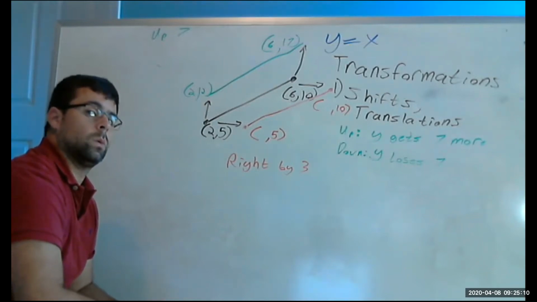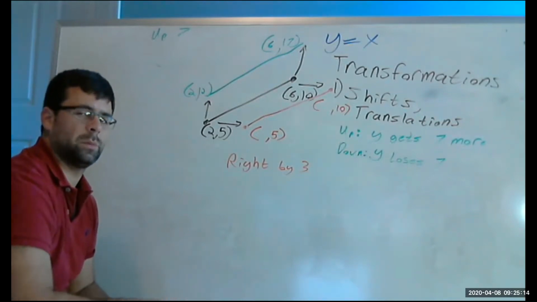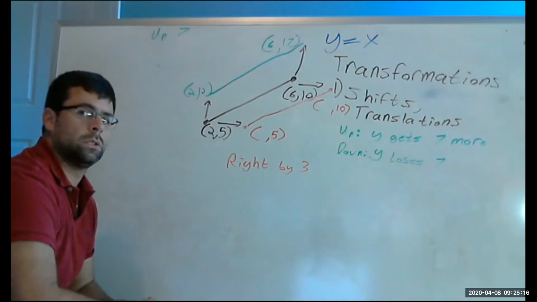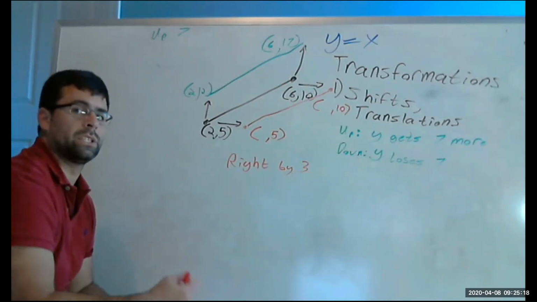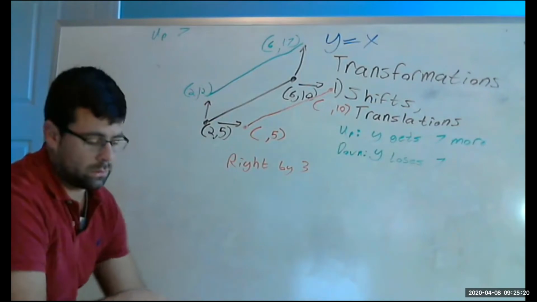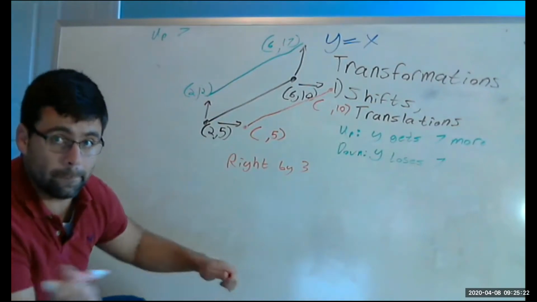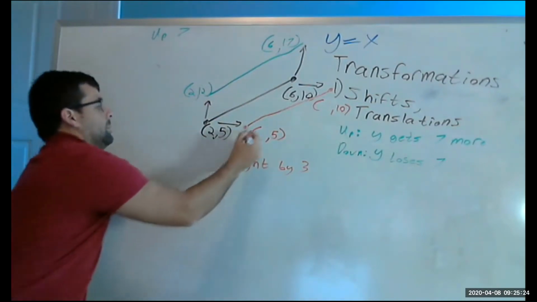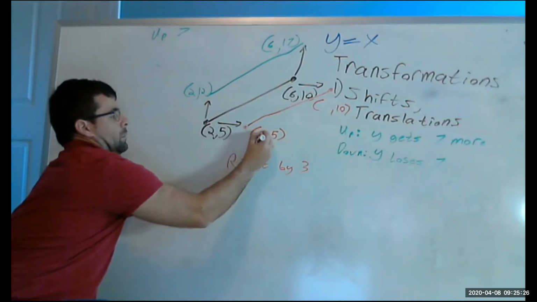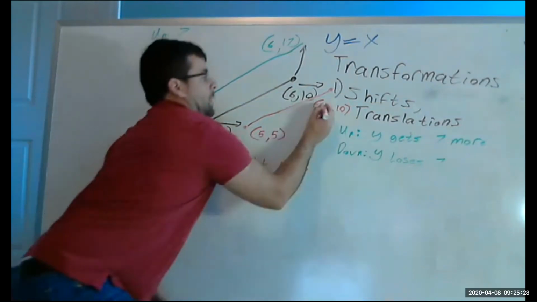So what happens to the 2? It doesn't become -1. That would be going to the left. It's going to be 5. The next one is going to be 9.